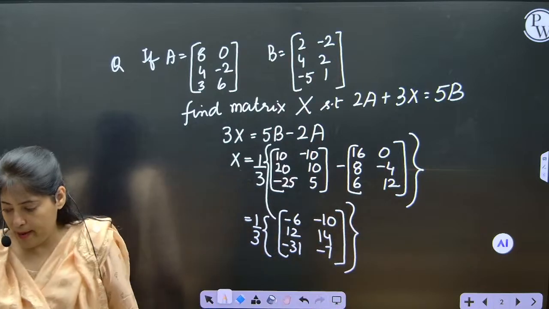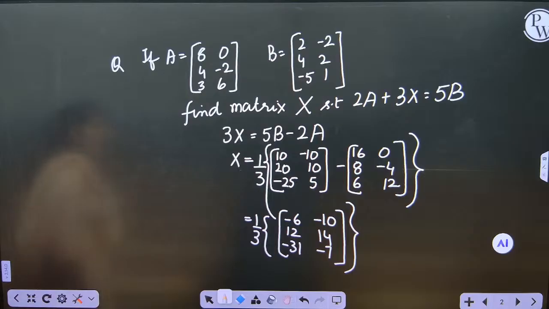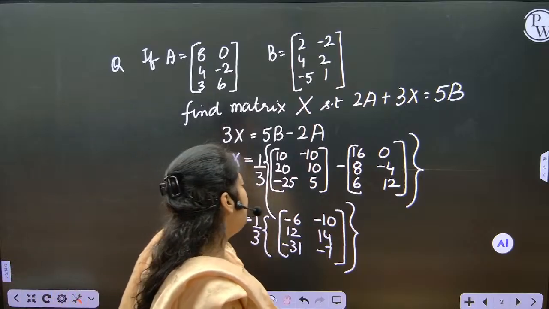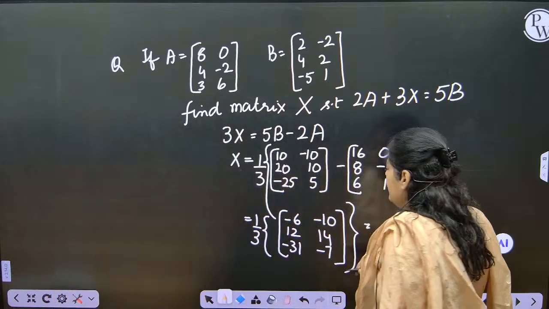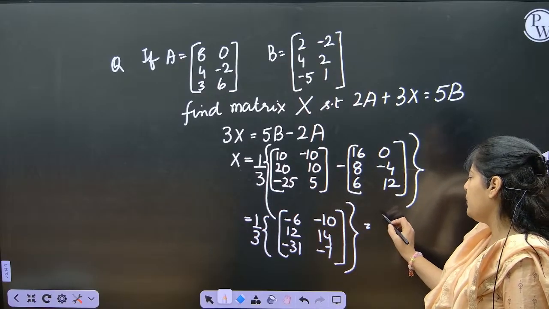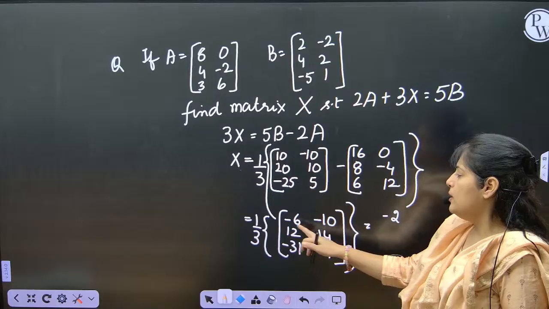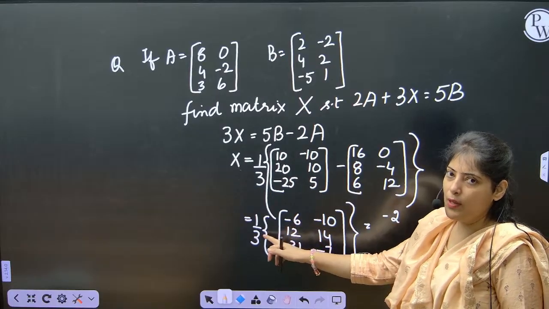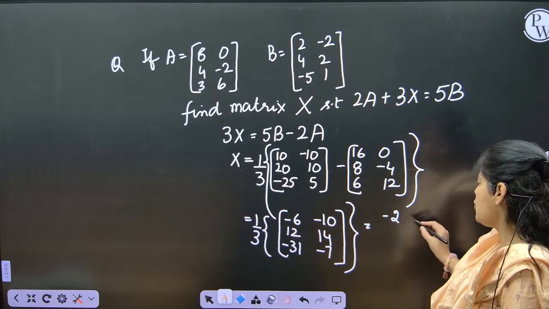So this is your matrix X. Now what we have to do is, whatever numbers are completely divisible by 3, we'll divide. Those which are not completely divisible, that's okay, we can leave them as they are. Minus 6 divided by 3 comes out to be minus 2.